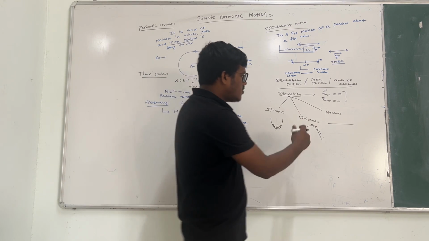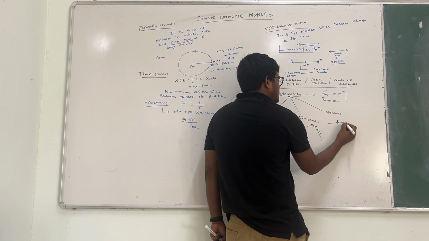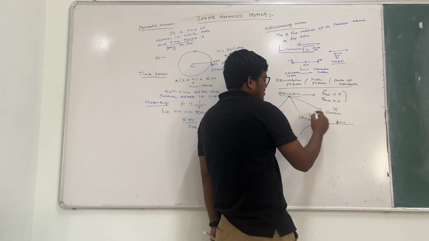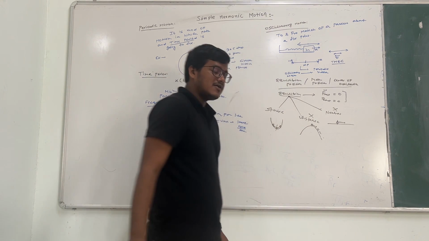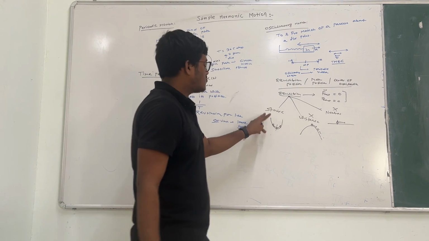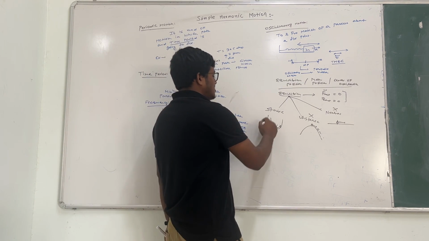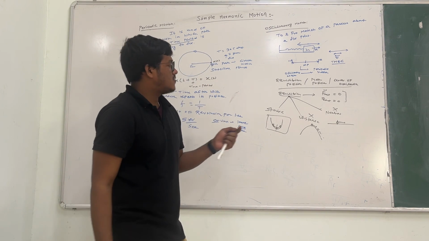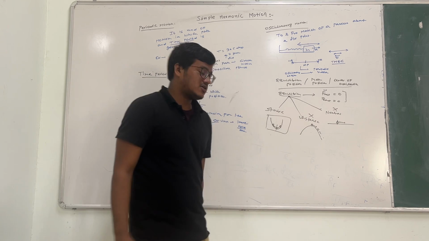In neutral equilibrium, if you displace the particle, it is not going to come back either. So in unstable and neutral equilibrium we do not get oscillating motion. Motion will be oscillating only in the case of stable equilibrium. This is the main important condition for a particle to be in oscillating motion.